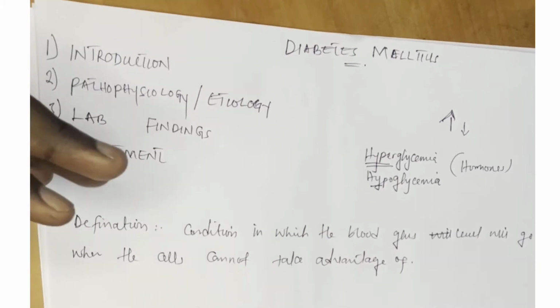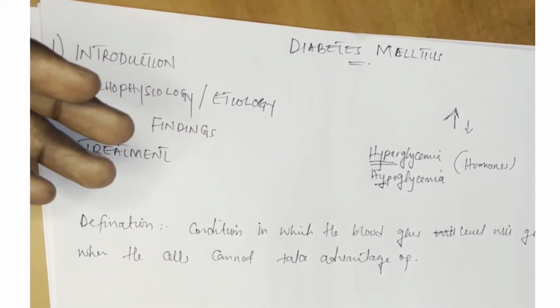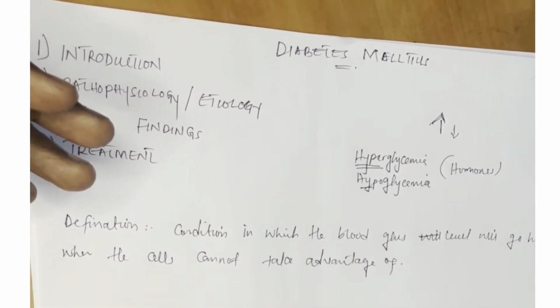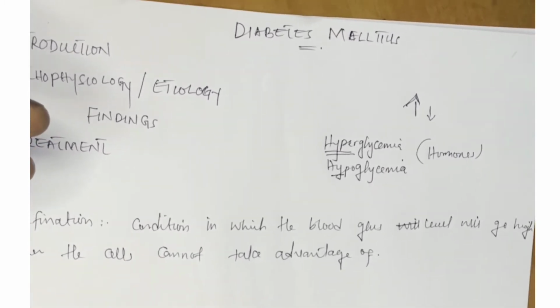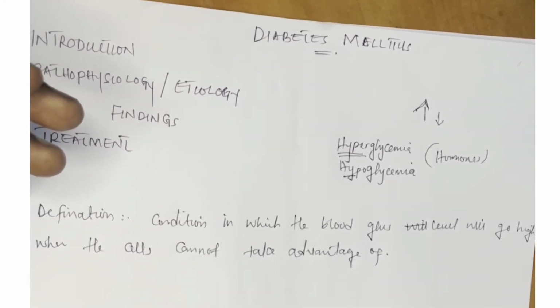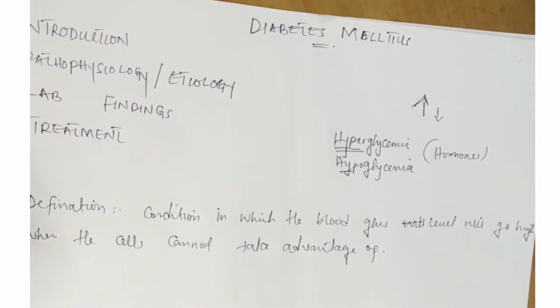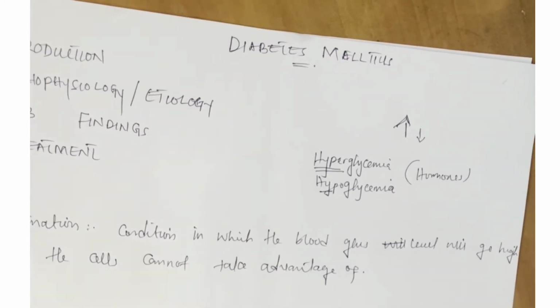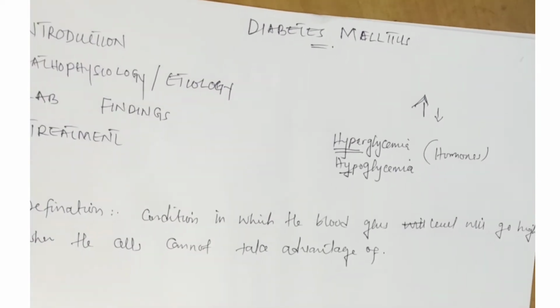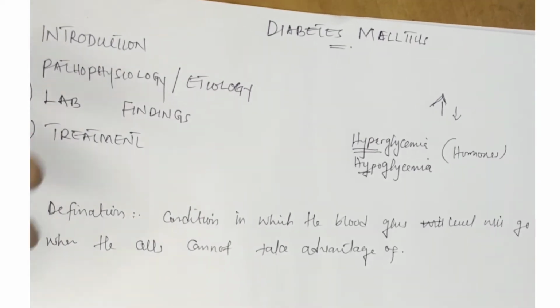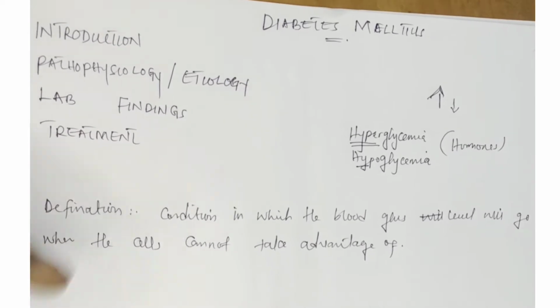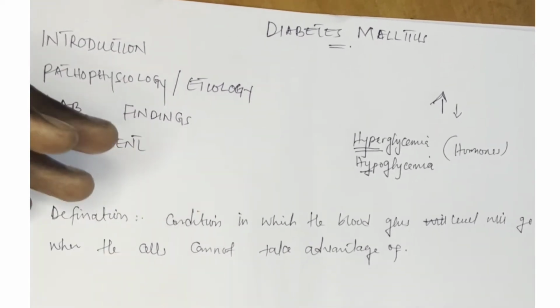In our normal physiology, when we take food, it goes to our mouth, where it is digested with the help of saliva, the tongue, and the teeth. It goes to our esophagus, we swallow it, then it goes into our stomach, where with the help of gastric secretions, enzymes and pancreatic secretions, digestion occurs.